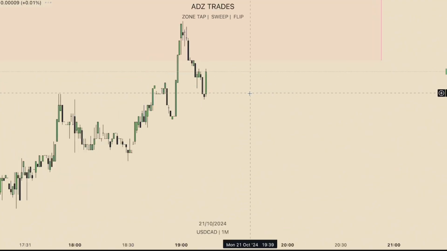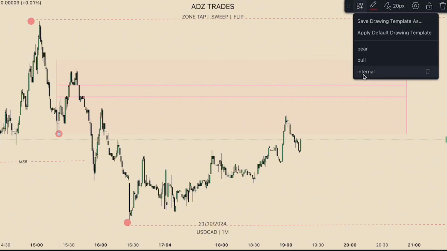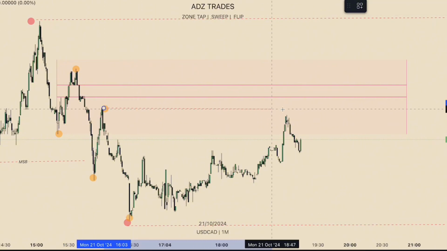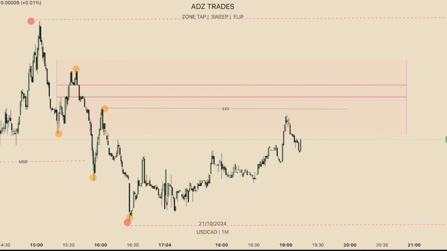And if I'm looking for my 6 taps, I can see we have a beautiful 1, 2, 3, 4, 5. So all I need is for price to sweep this. Okay, that is my trading strategy, and I have entered the trade.